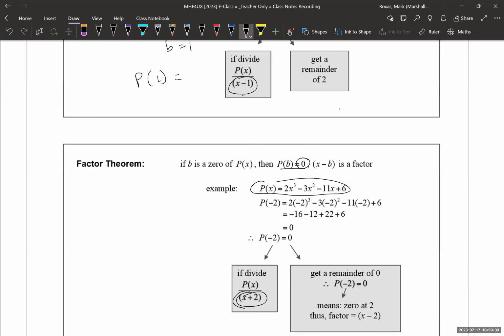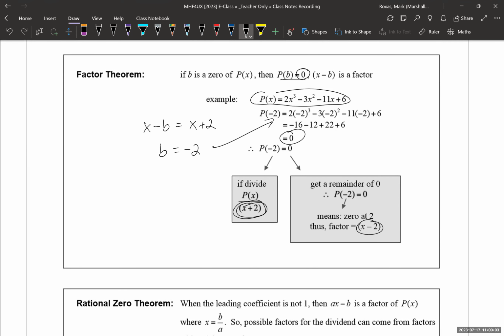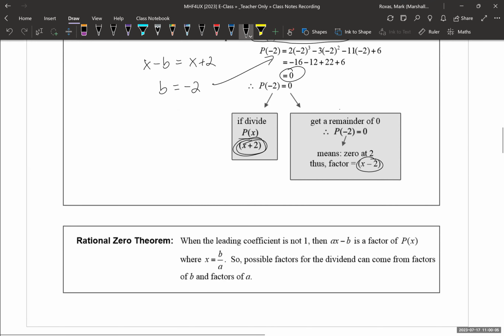We're going to divide it by x plus 2. So if x minus b is x plus 2, then what is b? Well, b is minus 2. So that goes into your polynomial. Evaluate it. Hey, it says 0. We've just found ourselves a 0. Negative 2 is a root. It's an x-intercept. So that means x plus 2 must be a factor. Okay. So that's a really useful tool for us moving forward.